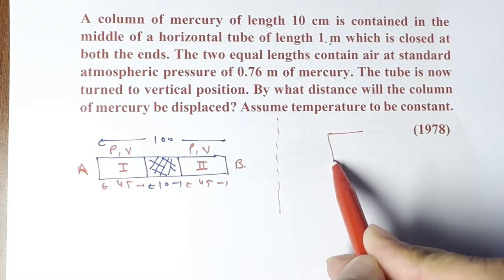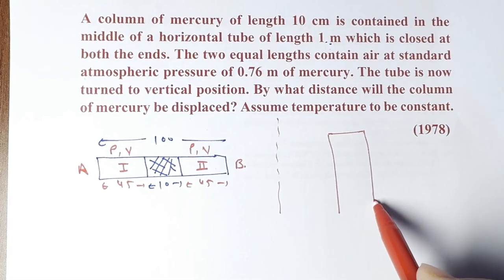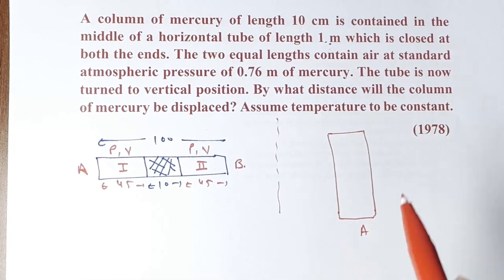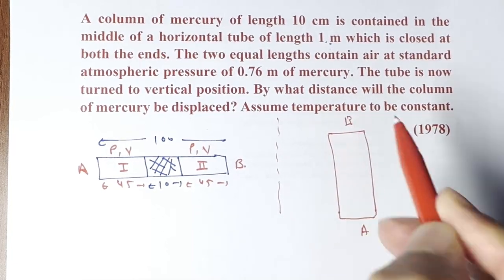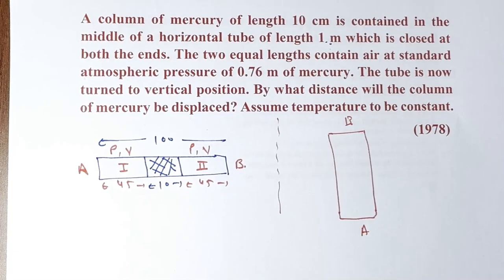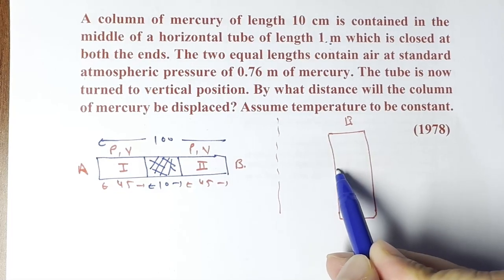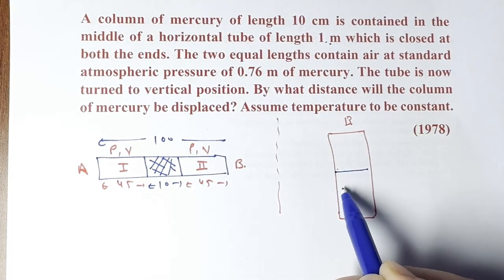We assume that in the vertical position we have end A at the bottom and B at the top, and the length of the mercury column is going to remain the same but it will be at a different position.